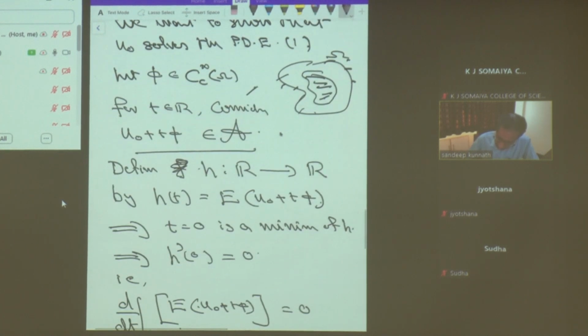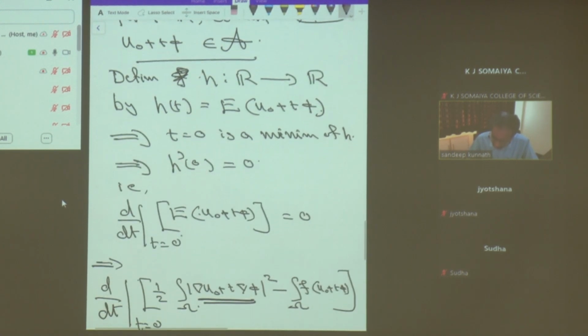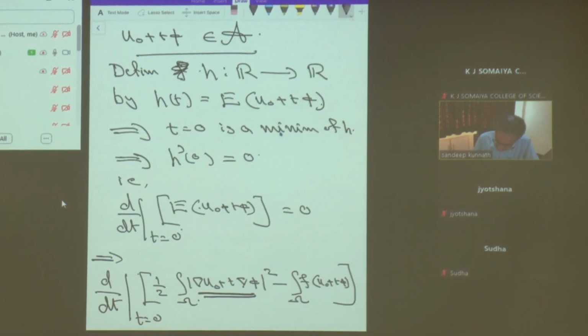I defined a function h from R to R, and h of t is equal to E of u naught plus t phi, and then I just differentiate. So this basically is nothing but the directional derivative of the function in the direction phi. In finite dimensions, for example, if you want to find some df by dv, what you do is d by dt of f of x plus tv, and you differentiate along that direction.